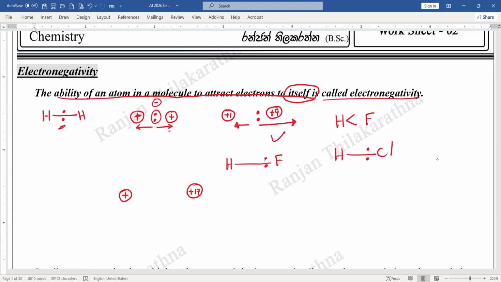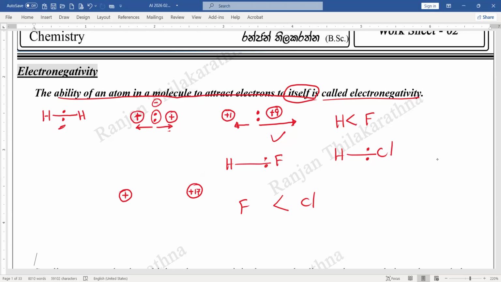Then, when we compare fluorine and chlorine, it is obvious that the electronegativity of chlorine must be greater than the electronegativity of fluorine. But if you really go through the real electronegativity values, electronegativity has a value.